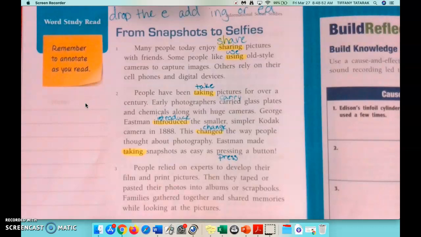Okay? So your assignment: I'm going to add a picture of the last 3 paragraphs to either Seesaw or Google Classroom. I'll let you know the morning we do this assignment.